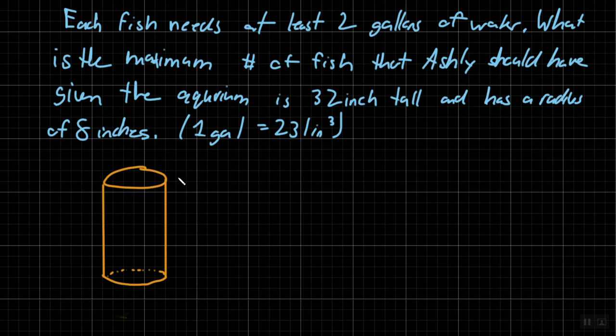Vincent, what do we know about the cylinder? What else? Yep, so I go from the center and I go out. And this is 8 inches. So this is the shape of the aquarium.